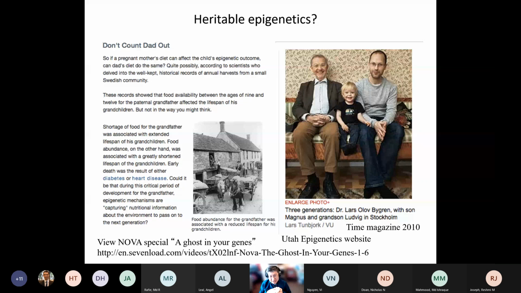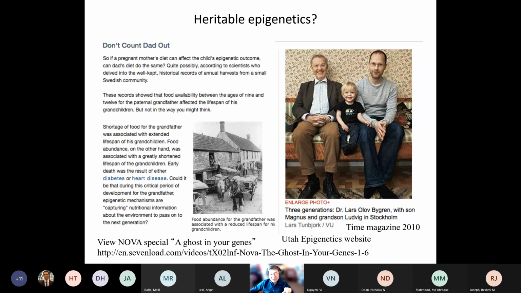They feel there is something in the genome, though we haven't identified where the modification occurred, but that modification is certainly heritable because what happened in the grandpa affected the grandson's ability to live long or short.